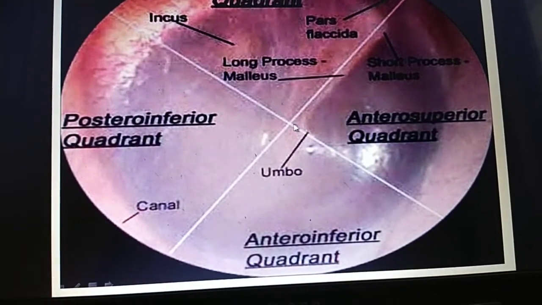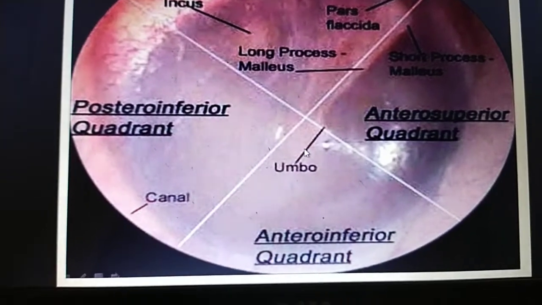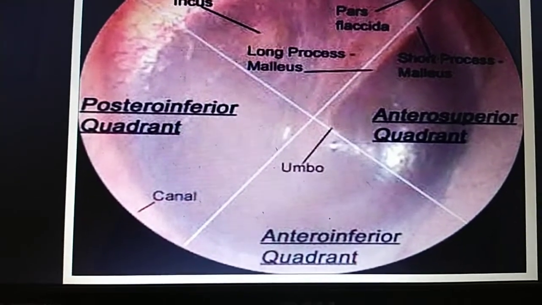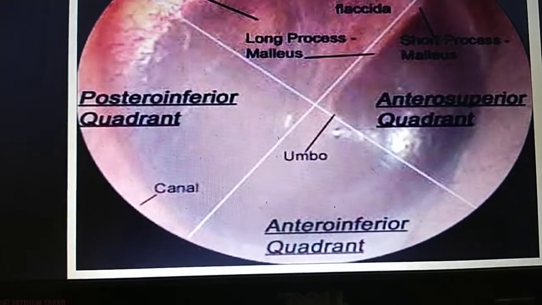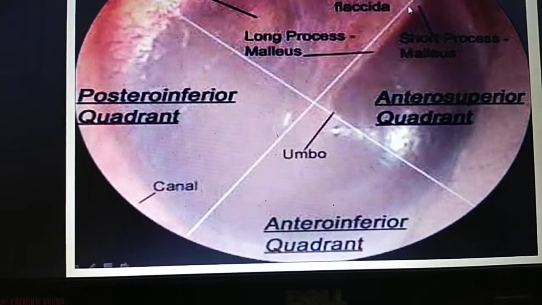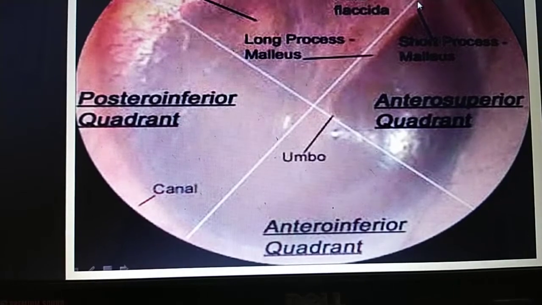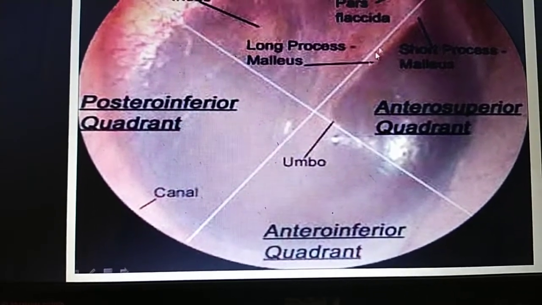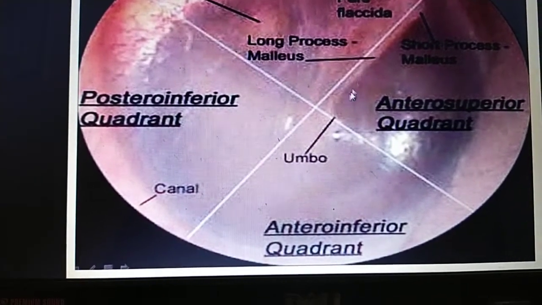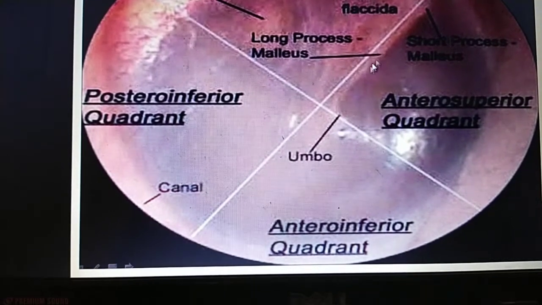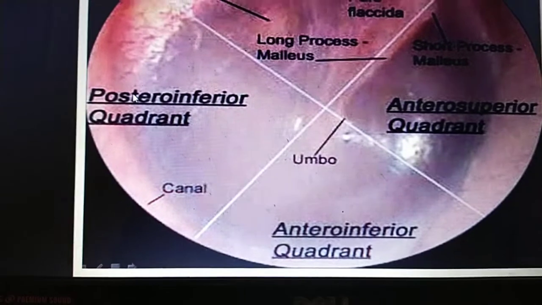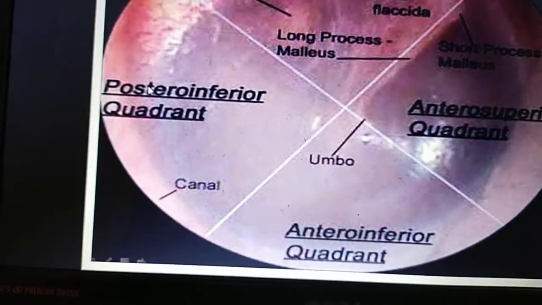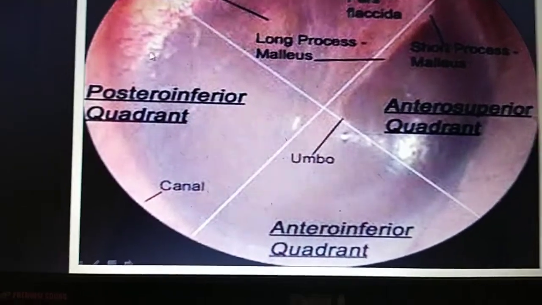This is the most centralized depressed part, the inverted portion of the eardrum. This is the short or lateral process of the malleus, and in between is the handle of the malleus. You can see the thickened edge of the pars tensa.